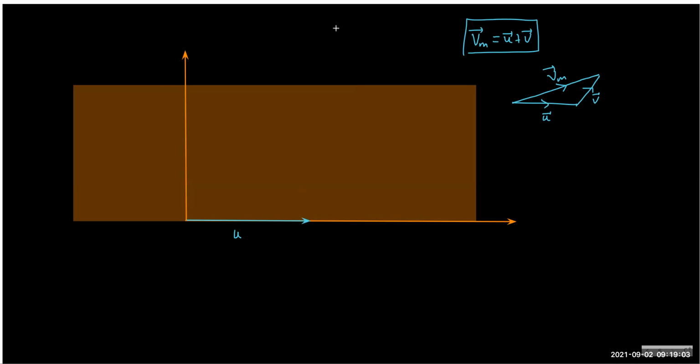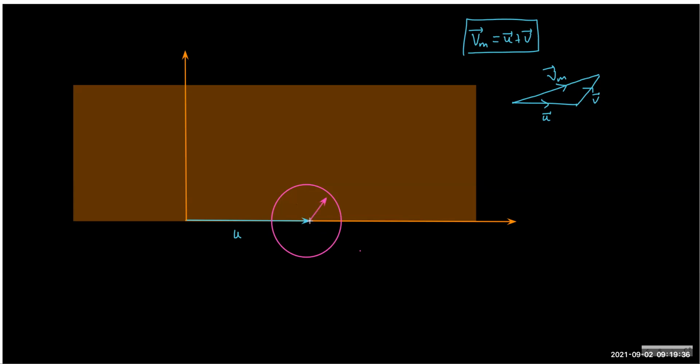So if I draw a circle at the tip of the first vector, and if the radius of the circle is exactly the length of v, then the v vector can be anywhere here. Are you getting my point? What I'm saying?